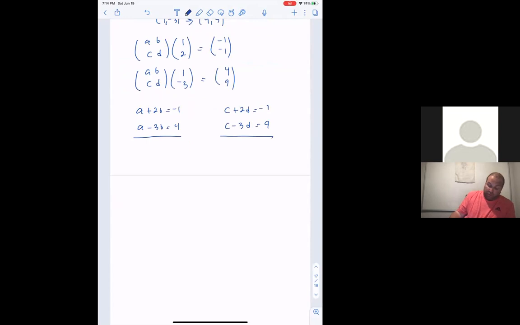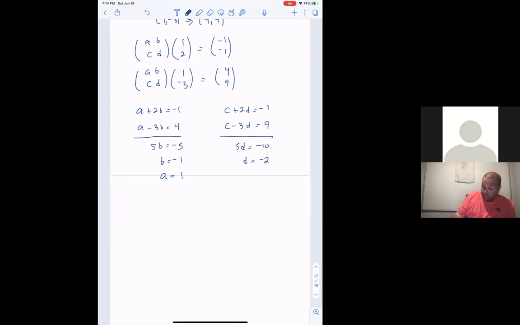At least now I can subtract right away. A minus A goes away. 2B minus -3B becomes 5B. -1 minus 4, -5. So B is -1. Once I know B is -1, that means A minus 2 is -1, so A is equal to 1. C minus C goes away. 2D minus -3D is 5D. -1 minus 9, -10. So D is equal to -2.